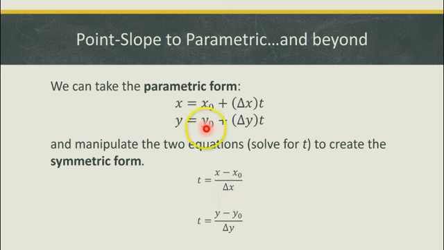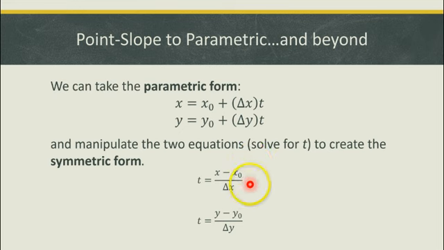And similar for the second equation, solving for t, I would subtract y naught, and I get y minus y naught over delta y. Now, because these equations are linked together and the x and the y values belong on a single line, these values of t, or the values of the parameter, are really important, and they are that linking, that common piece that pulls those two equations together.